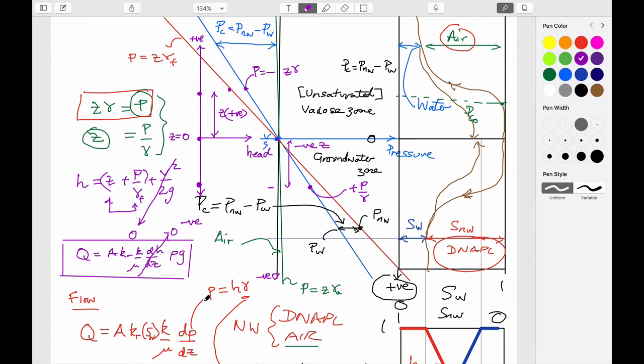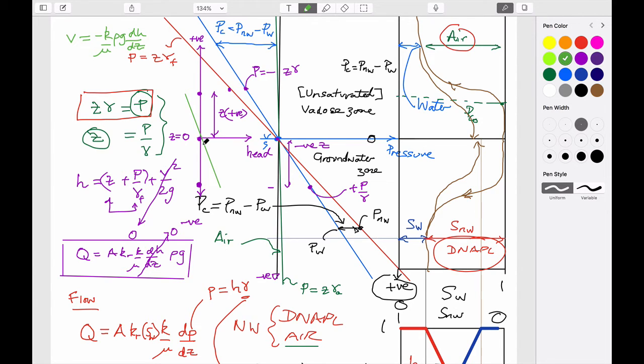So if, for instance, the head was equal to something else, so if this was the magnitude of head, then which direction would flow be occurring? We can write that the velocity is equal to minus permeability over viscosity, rho g, change in head with elevation.